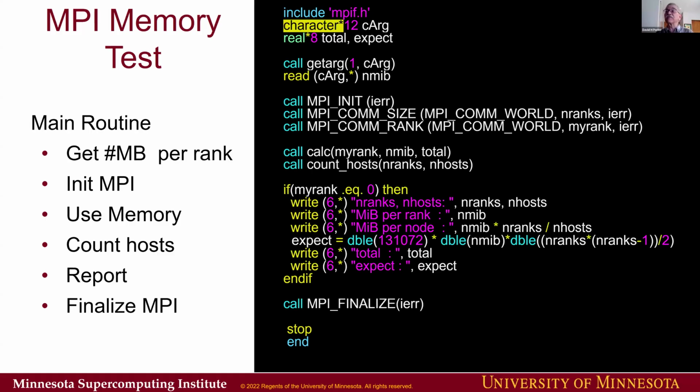So it's a simple test to ensure that all the memory really did get allocated, and then I report the results in terms of the number of nodes that ran, the number of ranks, and this total checksum, as well as the expected value, which I calculate analytically here, and only report on rank 0. So only one of the ranks will report it. But as long as the total that I get back matches the expected value, then I know that the program as a whole worked.